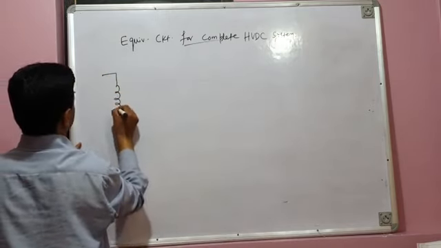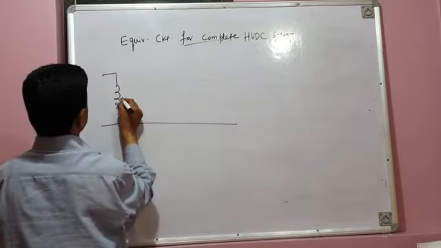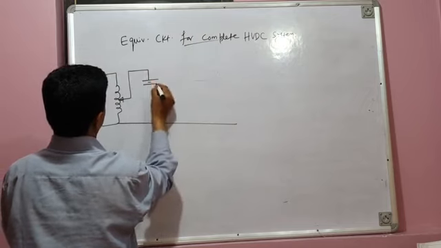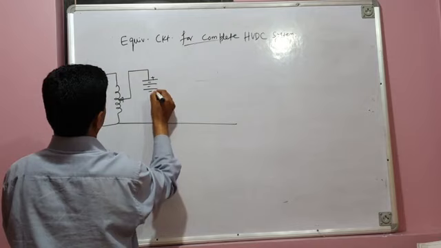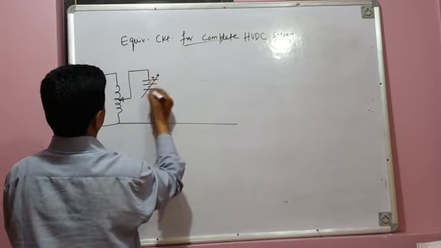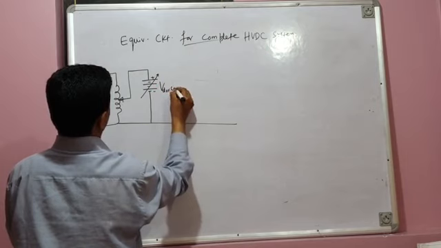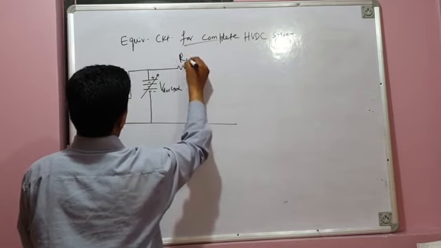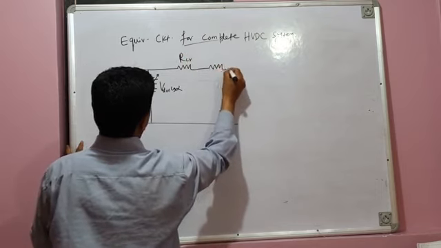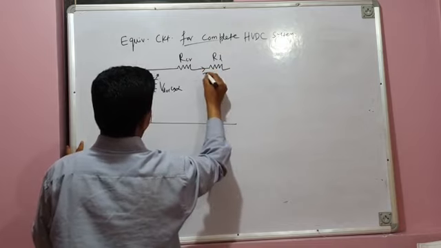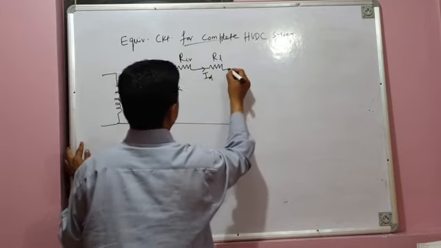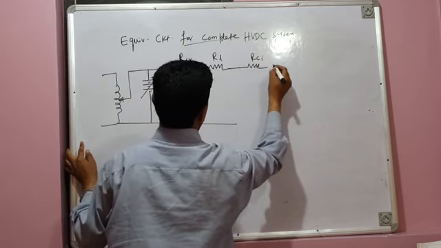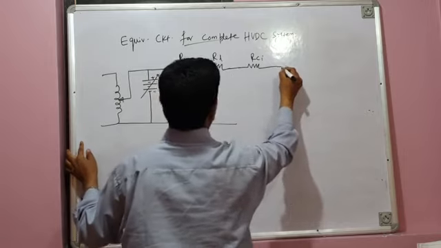See carefully, this is my converter transformer with online tap changing. This is VDOR cos alpha. This is RCR. This is RL. This is current ID, transmission line current ID. This is RCI. I will explain it in a minute's time. Please bear with me.